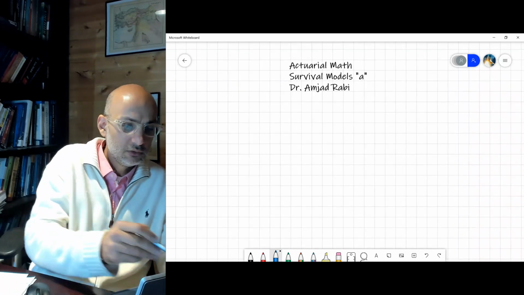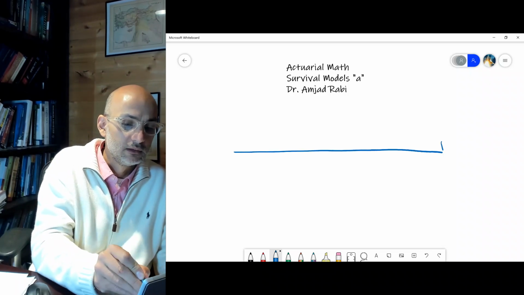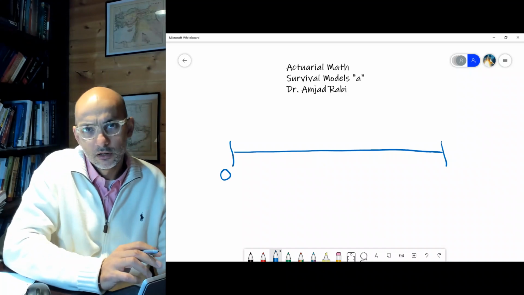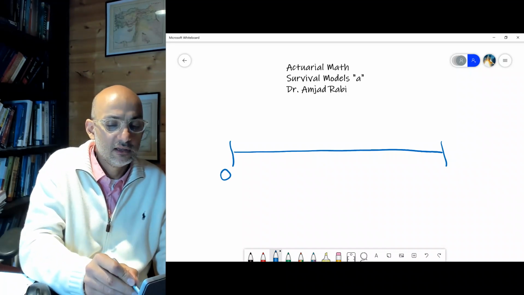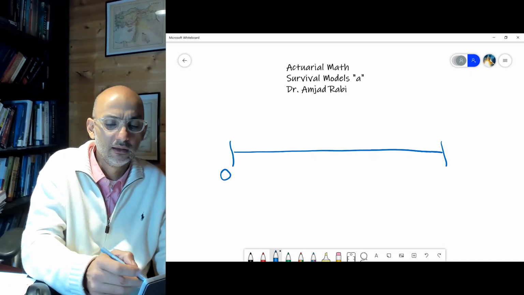So let's just start with this graph. We'll have a graph, age 0, and let's say this is the life of an individual or a life of a machine, but in insurance we are interested in the life of an individual.